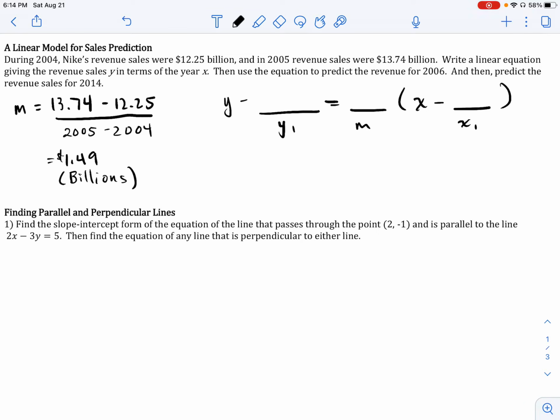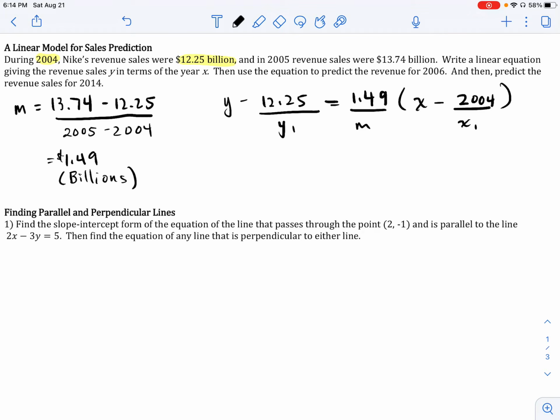We're just using our point slope form here. So let's use 2004 as our basis. So we can say in 2004, Nike made 12.25 billion. Compare that to 2004. And our rate of change is 1.49. So based on this, we have a valid linear equation here.